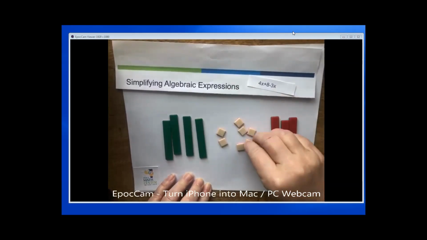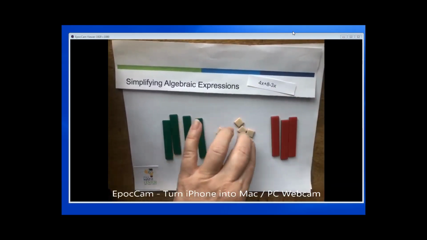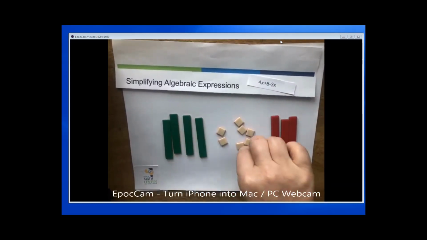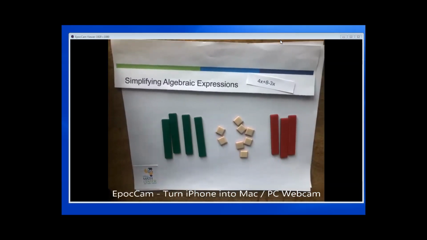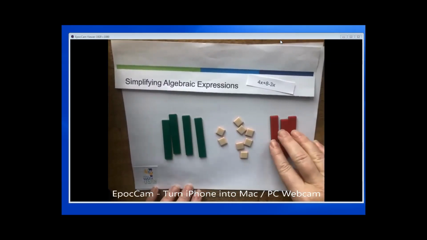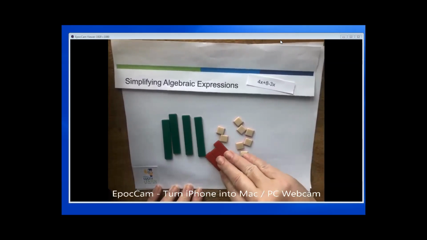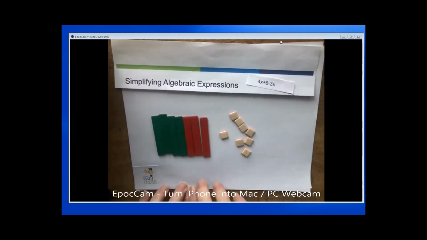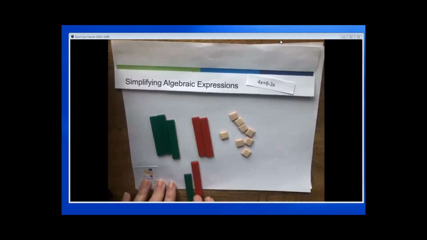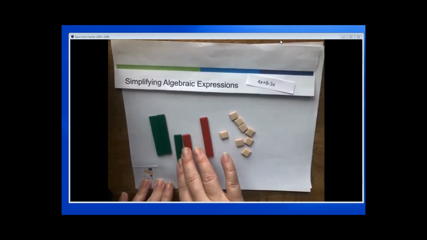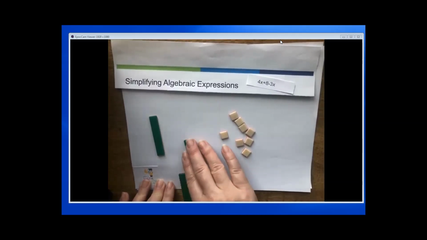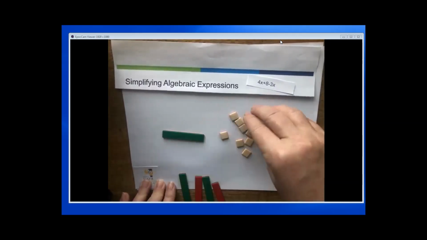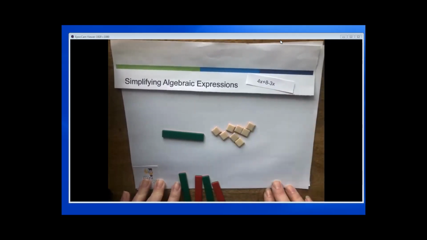Okay. So I need to just combine like terms here. Pretty easy to see what the like terms are, right? And then I'm going to zero pair. So I can zero pair this, I can zero pair this, and zero pair this. So simplified, x plus 8.